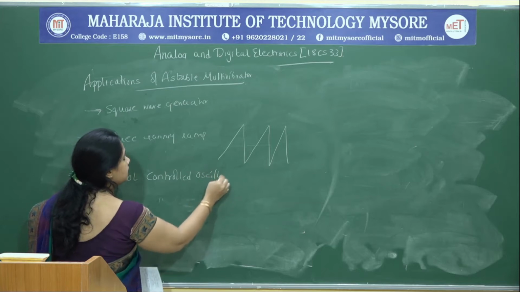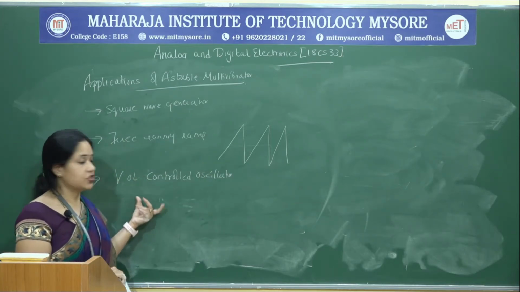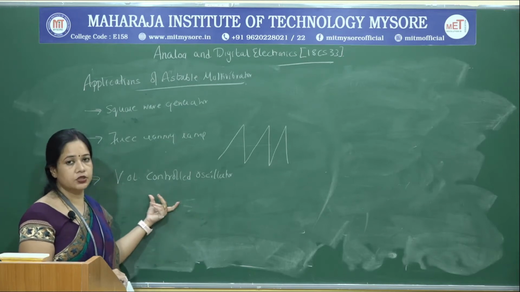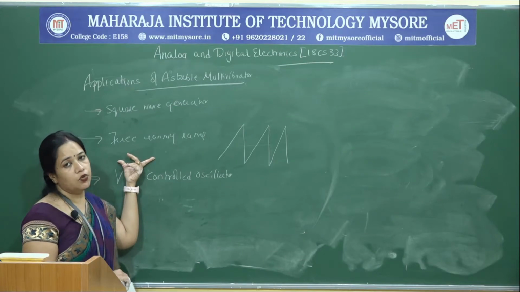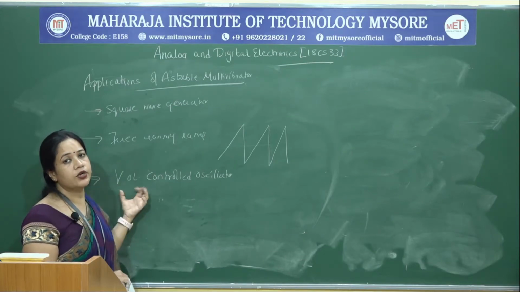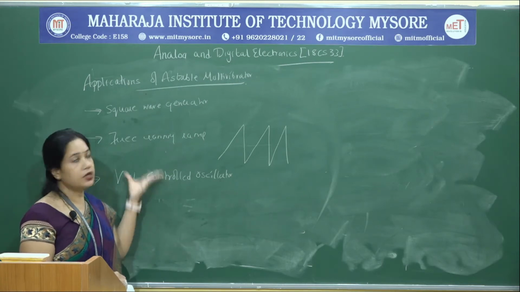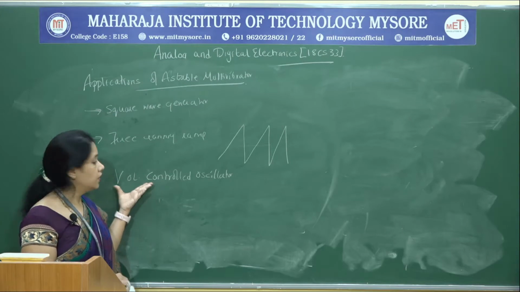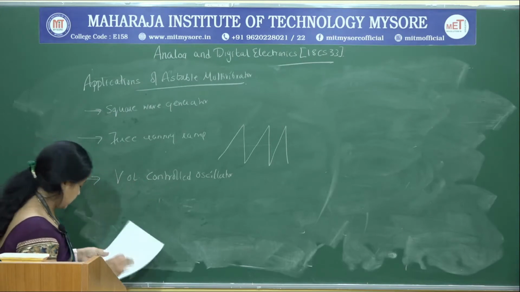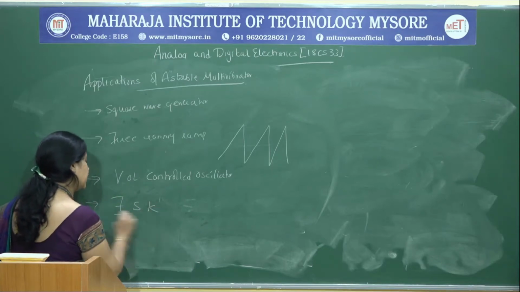When I say voltage controlled oscillator, the frequency of your output signal is dependent on the voltage. You increase or decrease the voltage, and the frequency is going to increase or decrease, thereby converting your basic astable multivibrator into a voltage controlled oscillator. We will see this application in detail, and it can also be used for frequency shift keying.